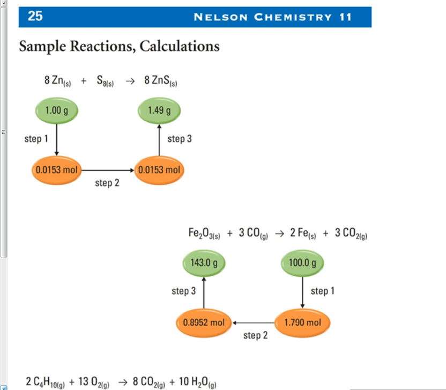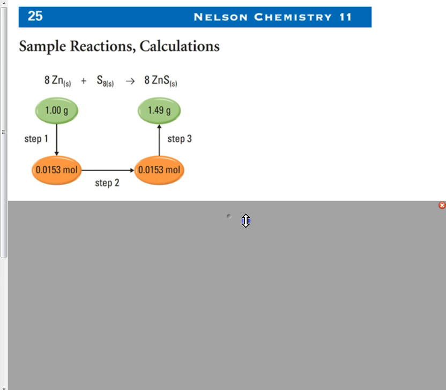So if we look at the process of gravimetric stoichiometry applied to that reaction of zinc sulfide production, here's what we would start with.